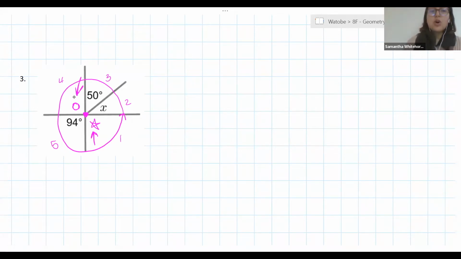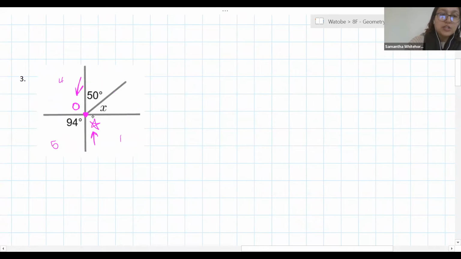Okay, so what we are going to do for this question is look and see what else I have that can maybe help me. Well, what I can see is that I've got a cross, which means that this angle of 94 is equal to that angle of 50 plus x, because those angles are vertically opposite to each other.